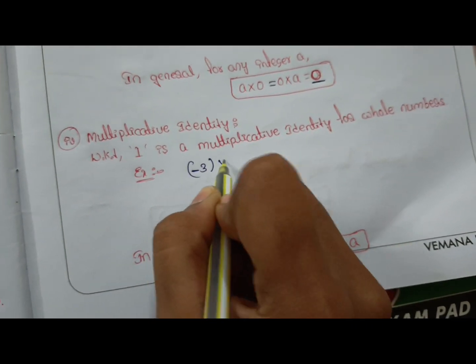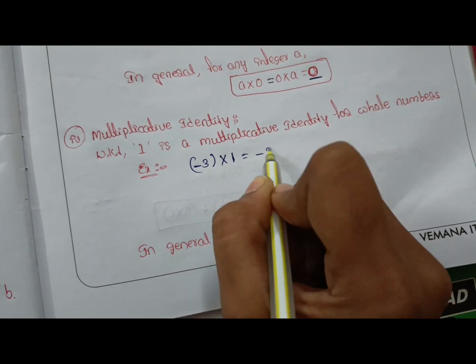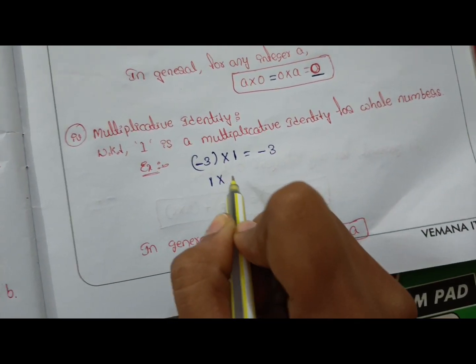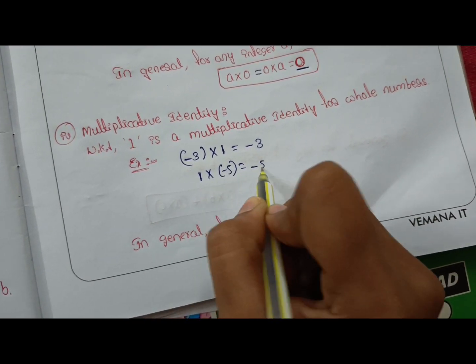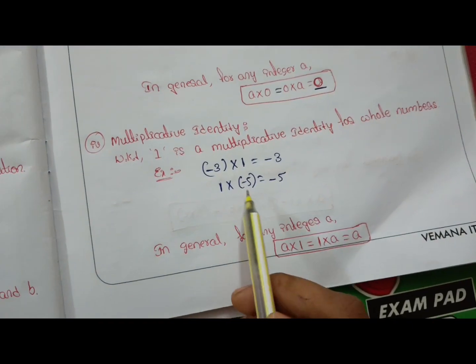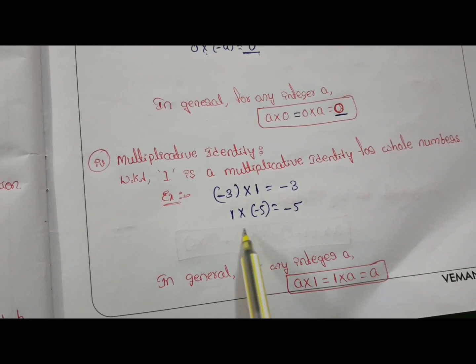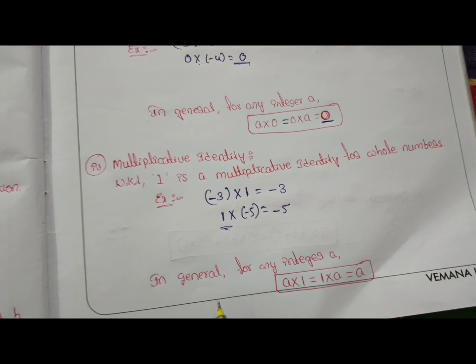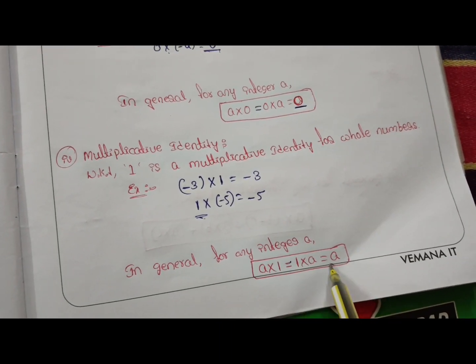Minus 3 into 1 is equal to plus into minus, minus, 3 ones are 3. 1 into minus 5 is equal to plus into minus, minus, 1 5 is a 5. So this shows that 1 is the multiplicative identity for integers also. So in general, for any integer a, a into 1 is equal to 1 into a is equal to a.